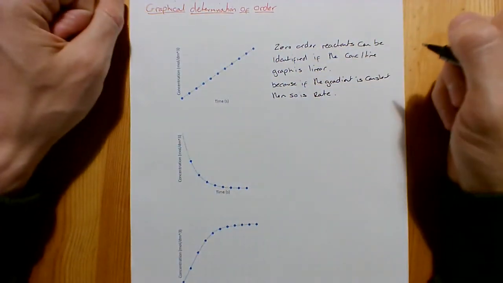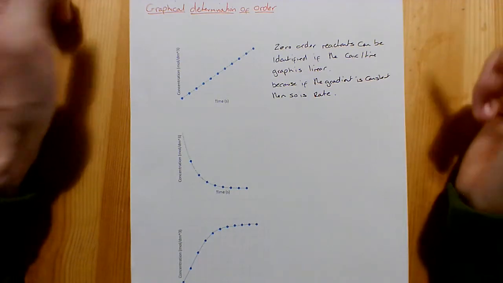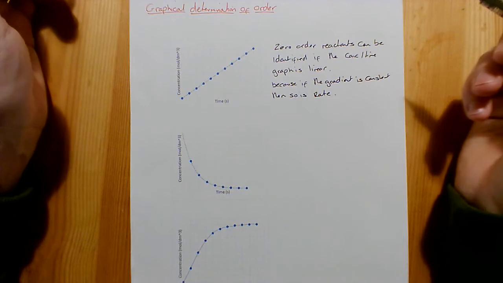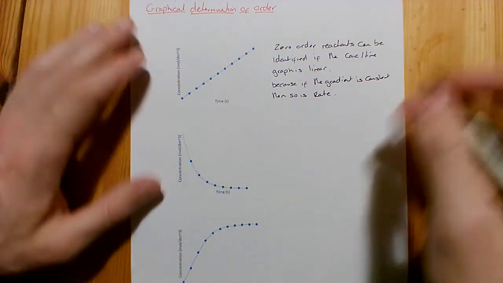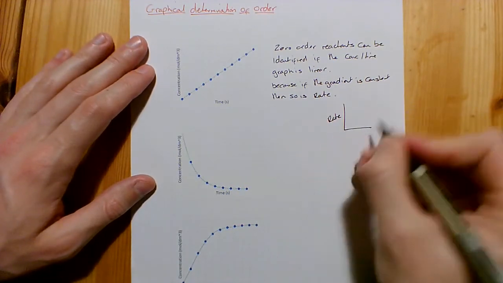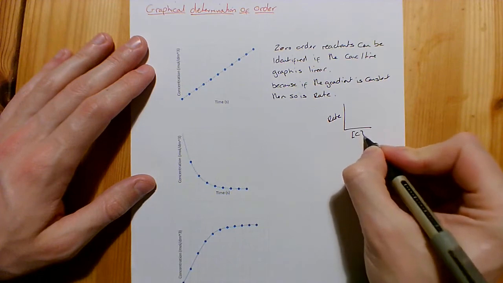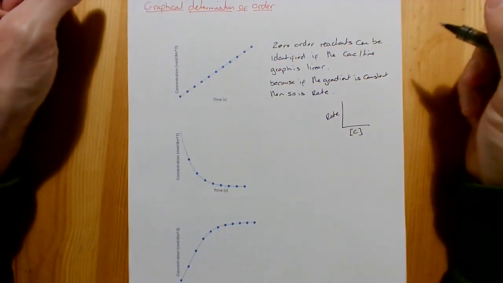Now, the other thing we can do to prove this is we can plot a slightly different graph. We can plot a rate concentration graph. And rate concentration graphs are really useful for identifying order of reactant.